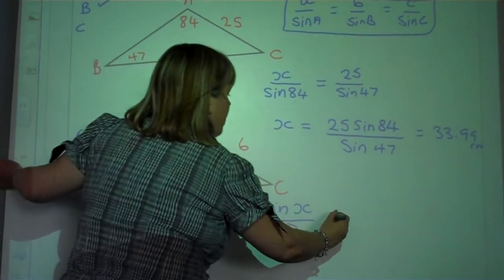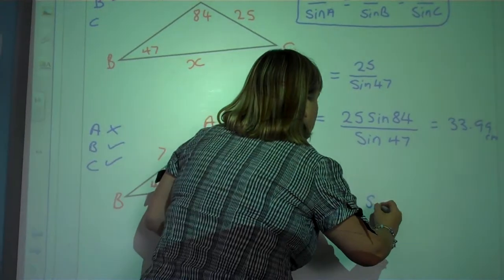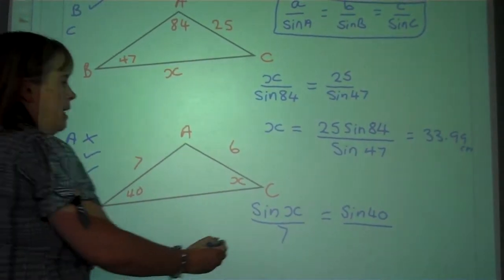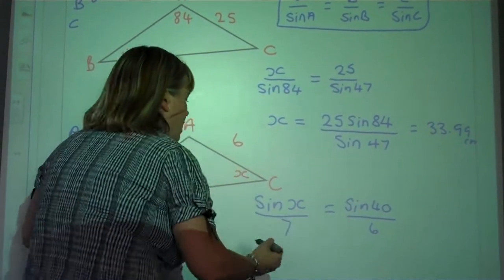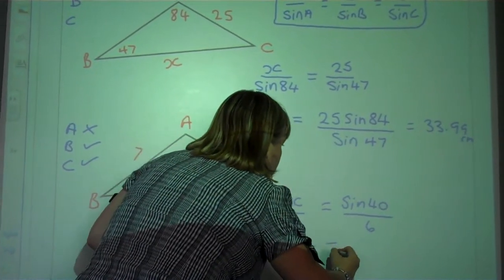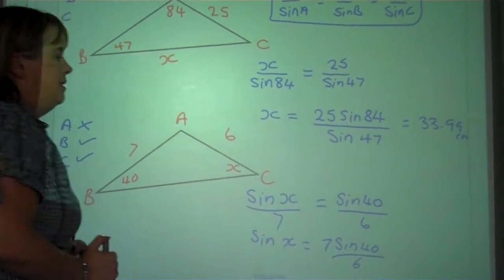Okay? And what's my other pair? Sine 40 divided by 6. Okay? So, first thing to do is take the 7 up to the other side. So sine x is equal to 7 sine 40 divided by 6.